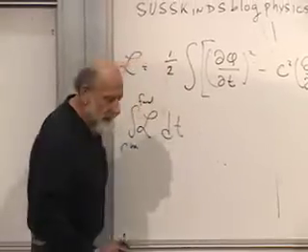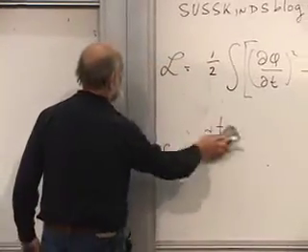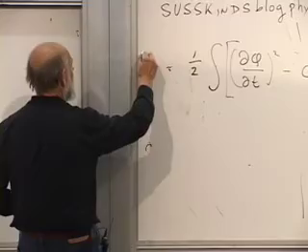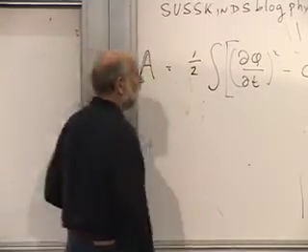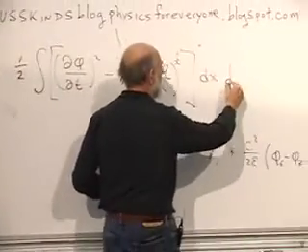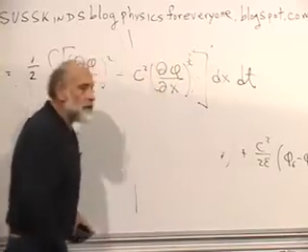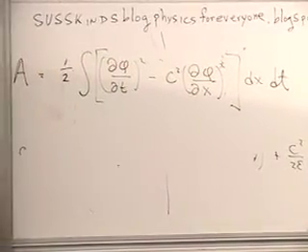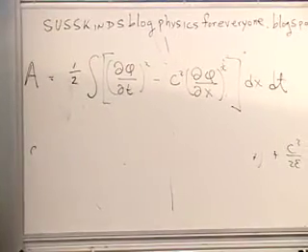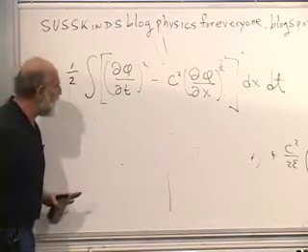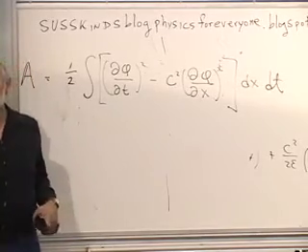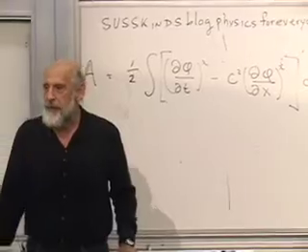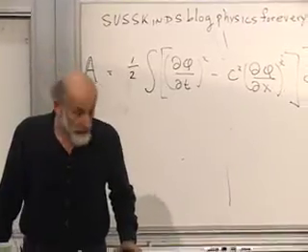So let's just write it. Action. Notice how symmetrical it's become between space and time. It has derivatives of phi with respect to time squared. Now, of course, in the setting that we're going to be interested in, c is going to be equal to the speed of light.